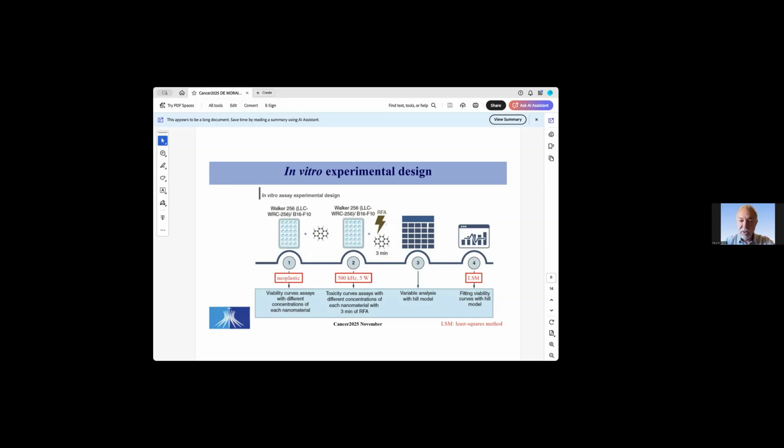We also tested not only the nanocomposite but the cytotoxicity of the gold nanoparticles themselves. Then we performed a mathematical analysis, and the curve fitting was performed using the least squares method.